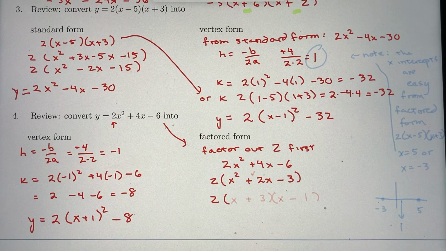Then I just break down that factor. x and x, -3, it's going to be 3 and 1 in opposite signs, and I need more positive, so it's +3 and -1. One small note.